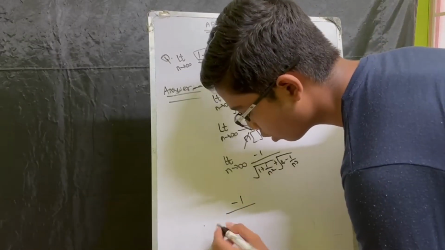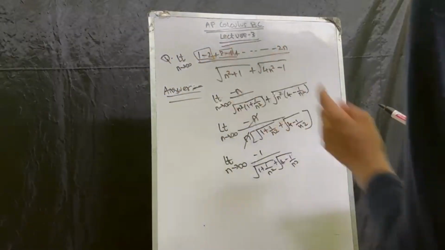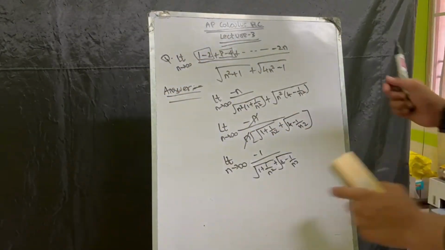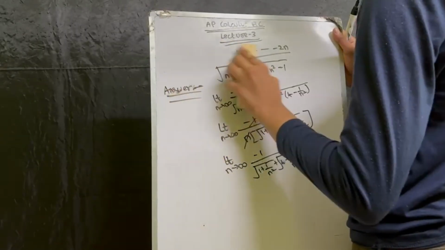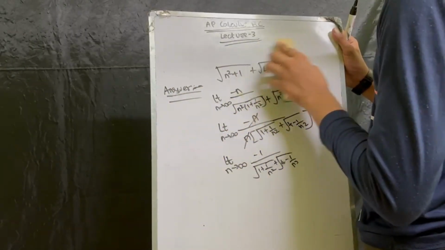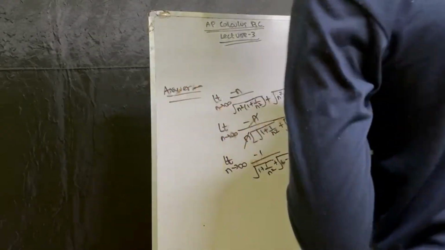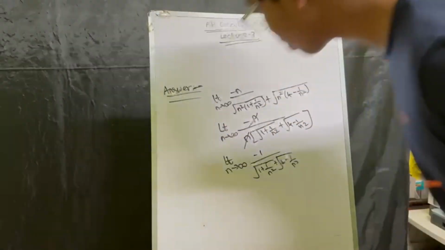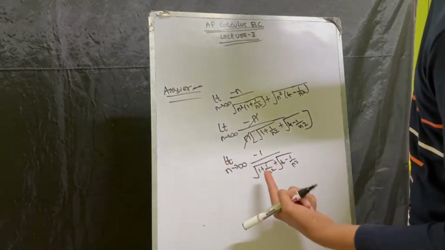I don't think it will be visible, so I'll just erase the top part. I hope you copied this. Okay, I guess it's visible. So now you can plug in the values.